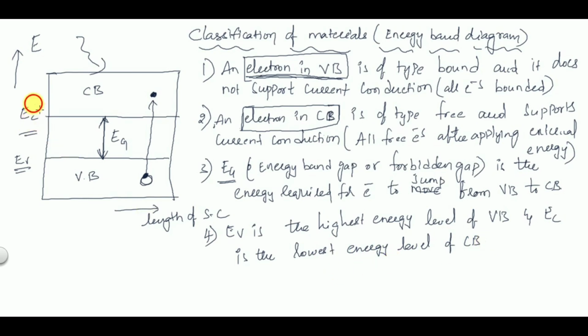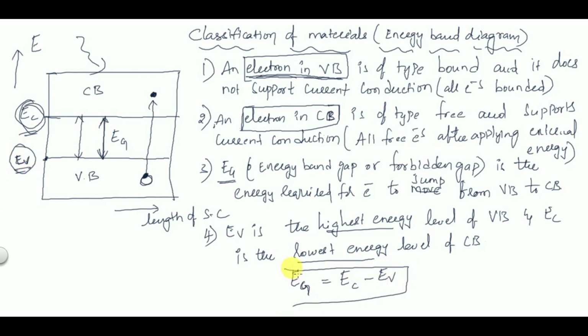If you want to write the formula for the energy band gap, it is always equal to EC minus EV. So this gap is EC, the lowest level of the conduction band, minus EV. This is about the energy band gap.